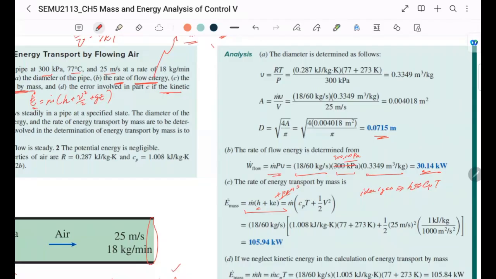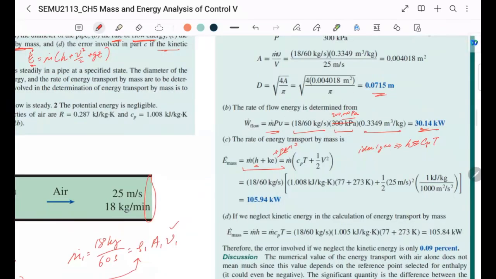So if you calculate everything, you should get this number. So that is the total energy transport by the mass.